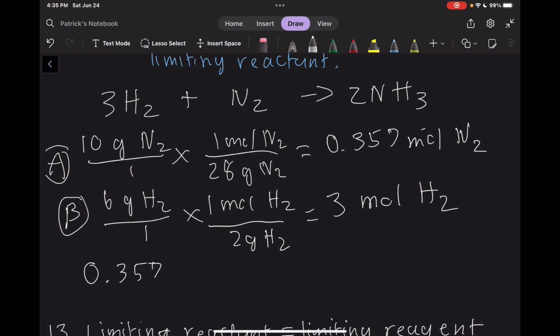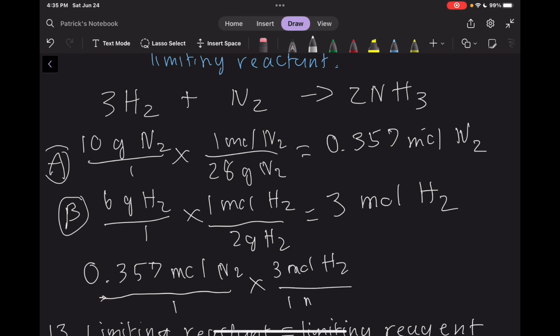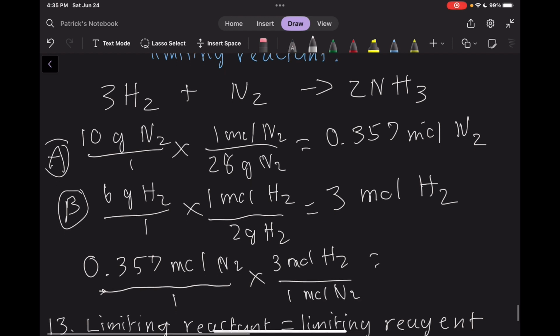0.357 moles of N2 by 3 moles of H2 over 1 mole of N2. This gives us 1.071 moles of H2.